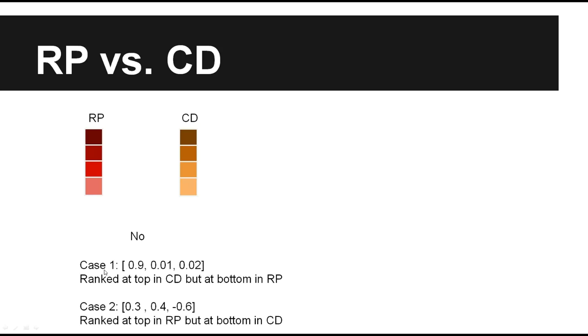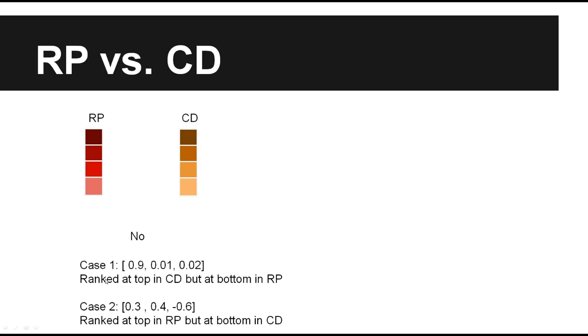So let's first consider case 1. This will be the component value of one single gene in 3 different replicates. This gene has a very large component value in replicate 1, but a very small component value in the other 2 replicates. I think we will all agree that it is very unlikely that this gene is significantly differentially expressed, because its component values are not consistent.